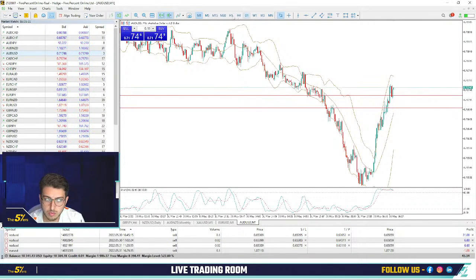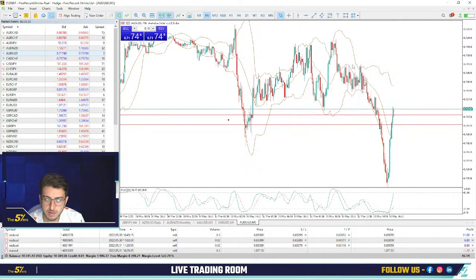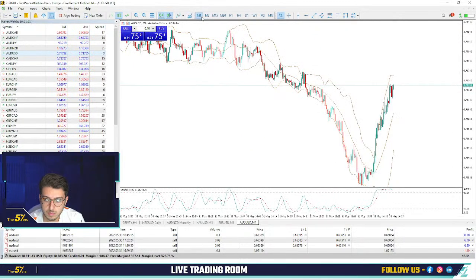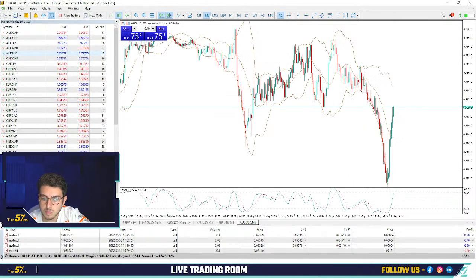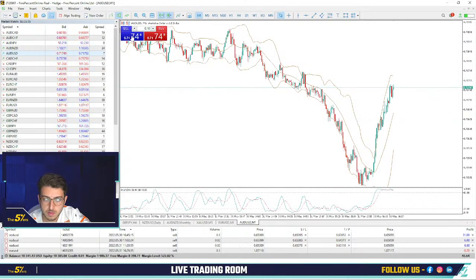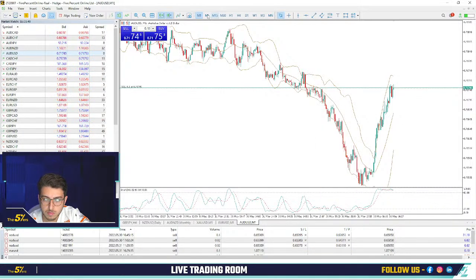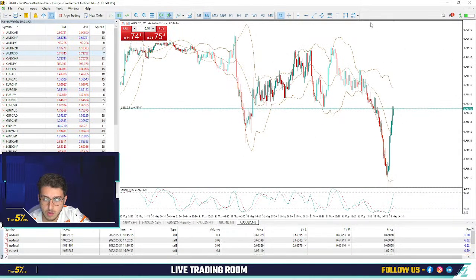Yeah, the Aussie dollar also is not bad. Okay, also open a sell on this spot on the Aussie dollar.